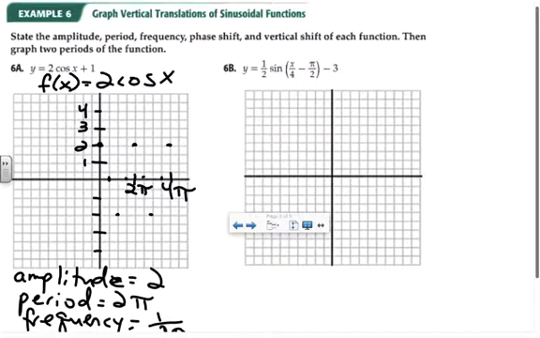So here is my f of x graph. And then it's getting shifted 1. So I take all of those important points that I just plotted and move them up 1 box, or 1 unit. Dots, and you're done.